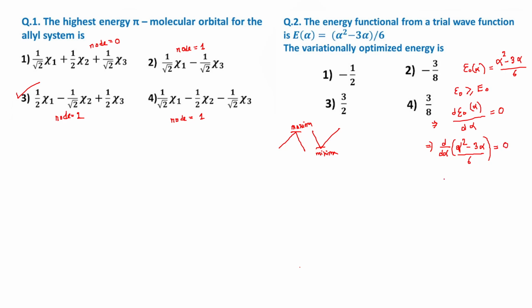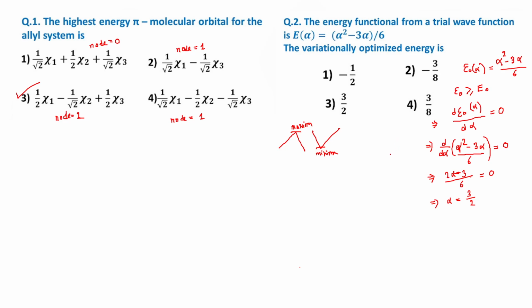Then it is 2 alpha minus 3 by 6 equals 0, and alpha is 3 by 2. So for alpha 3 by 2, there is obviously going to be a break.